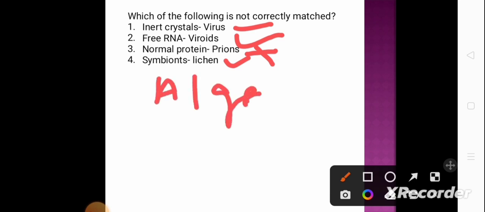Normal protein prions is not correct because prions are misfolded proteins and they cause infection. The third one, lichen as symbionts, is correct because lichen is a symbiotic relationship between algae and fungi.